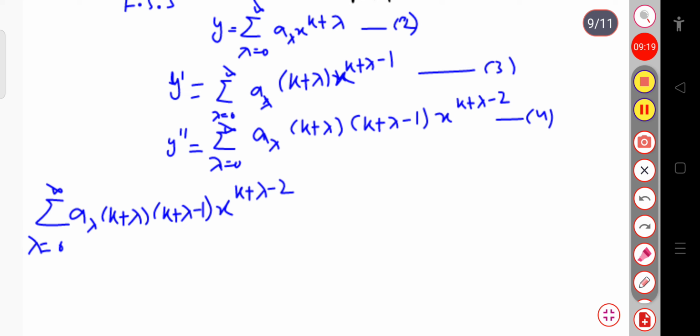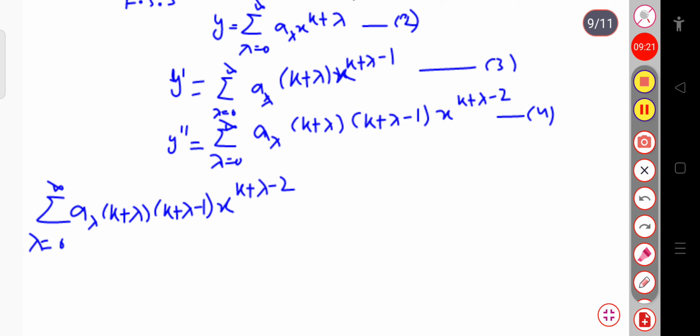Now I will write plus 2 by x into the sum over lambda 0 to infinity of a lambda into k plus lambda x power k plus lambda minus 1, that is y prime from equation 3.